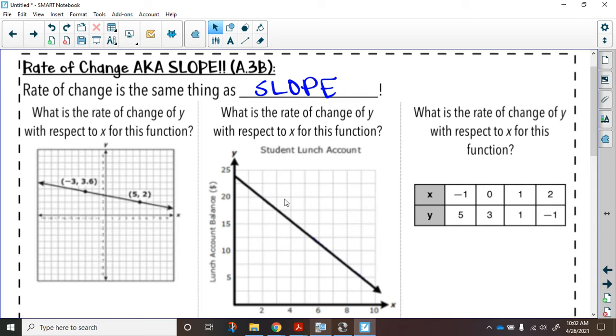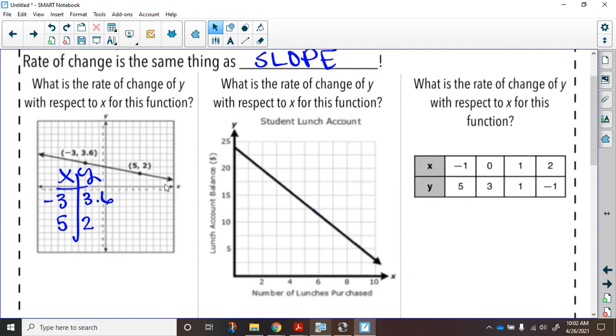So we are going to write these into a table, plug them into StatEdit, and find our answer. So for this one, we have negative 3 and 3.6, 5 and 2. And again, we only need to know the slope or the rate of change.